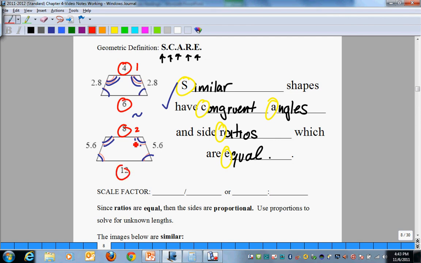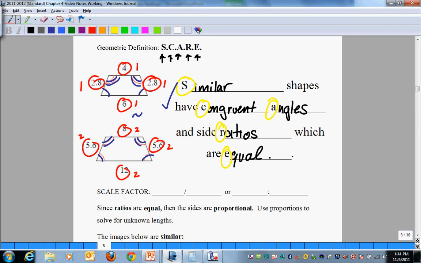This ratio is 1-to-2, this ratio is 1-to-2, and this ratio is 1-to-2. So we see here that the corresponding angles are congruent and all side ratios are equal. That means they are similar.